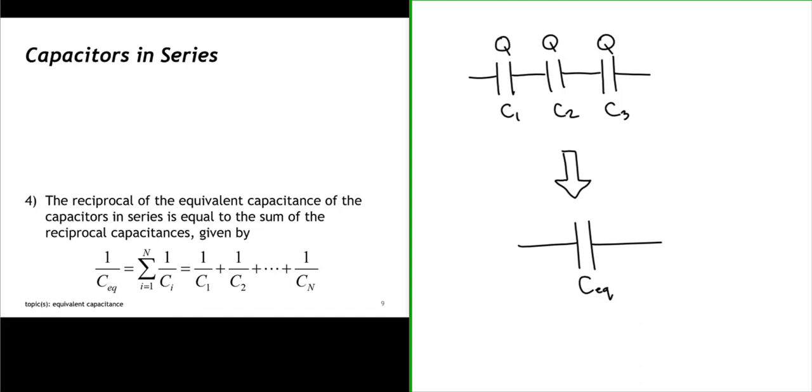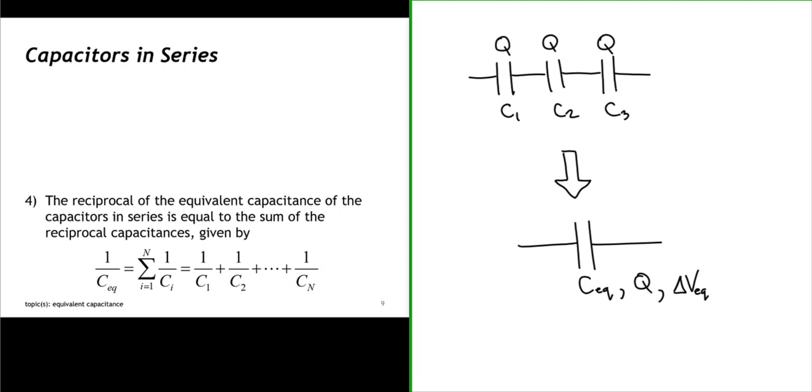Now we know that the single equivalent capacitor has the same amount of charge as each of the individual capacitors in series. And we also know that the single equivalent capacitor has a potential difference equal to the sum of the potential differences of each of the capacitors in series.